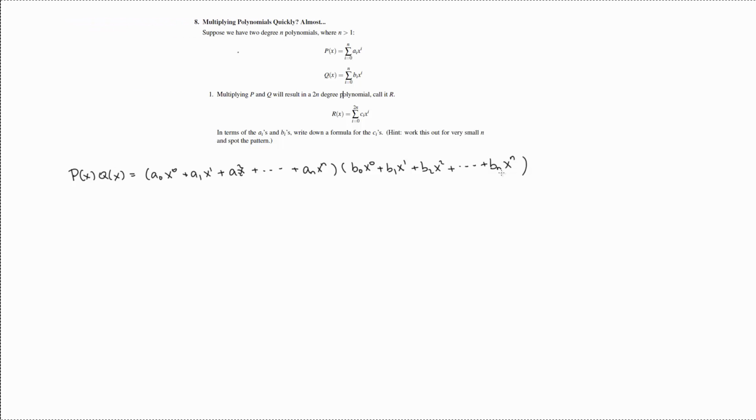Now to multiply out these two polynomials, we multiply out each term in the first factor with each term in the second factor, and then we group together like powers.